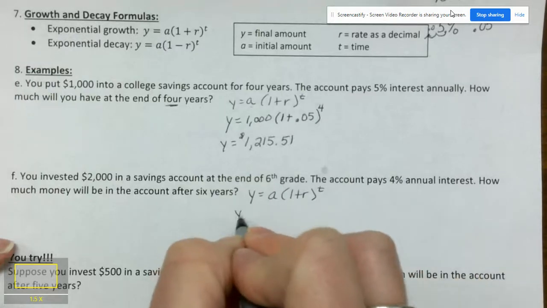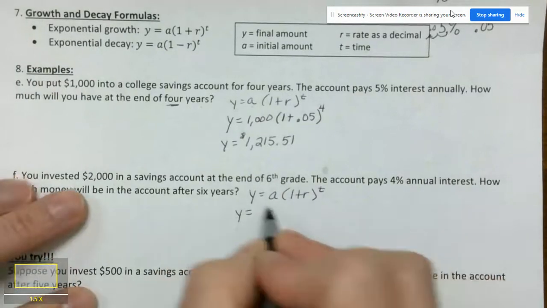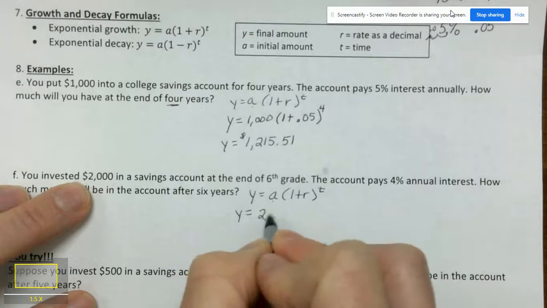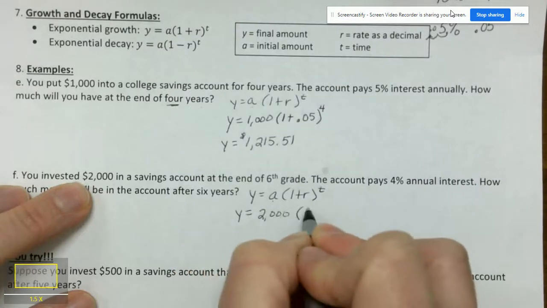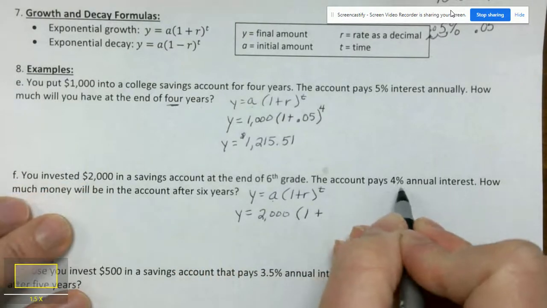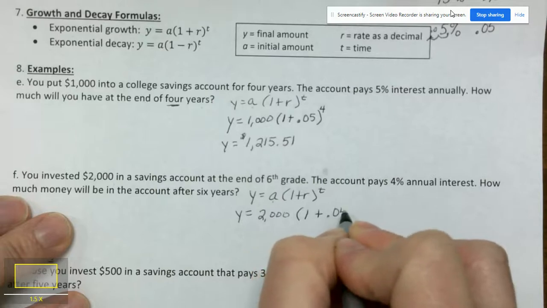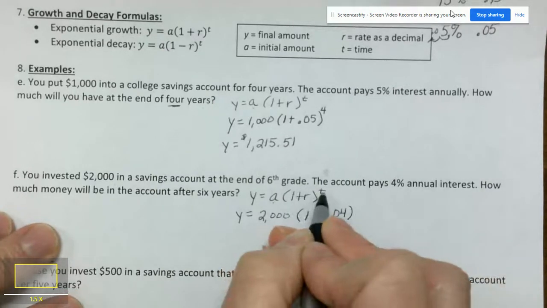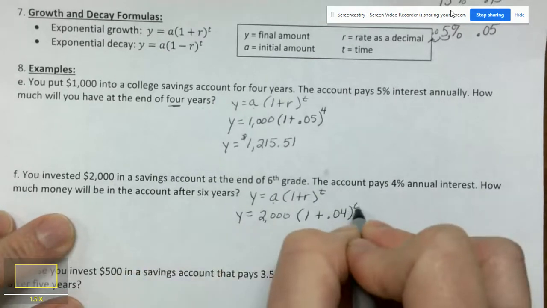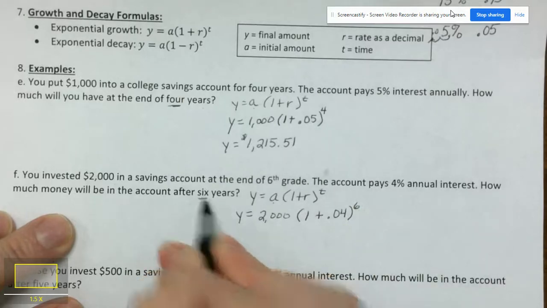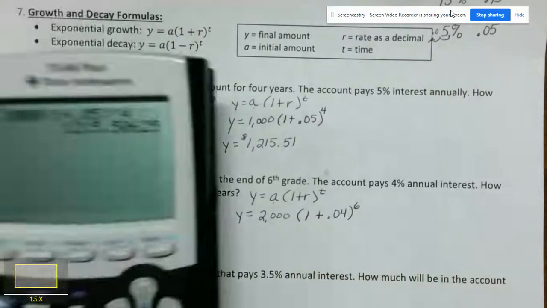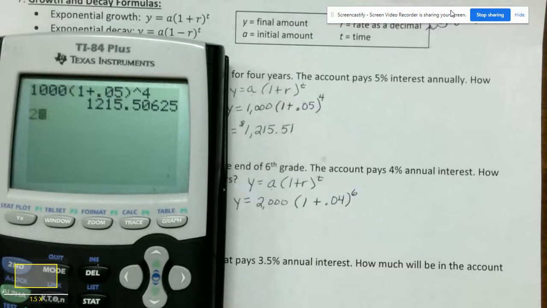All right, y is what I'm looking for. My initial investment a is $2,000. 1 plus my rate is 4%, so that's going to be 0.04. And then t, my time in years, is going to be 6 because I'm looking for after 6 years. Okay, so we're going to come to our calculator and we're going to key that in. 2,000 times 1 plus 0.04 raised to the 6th power.